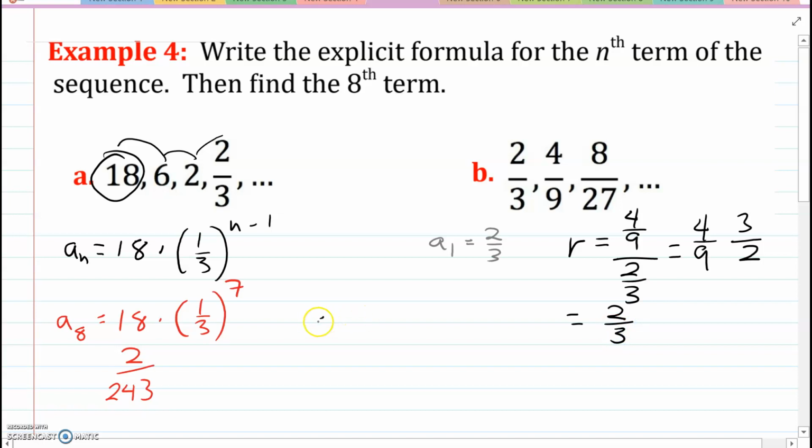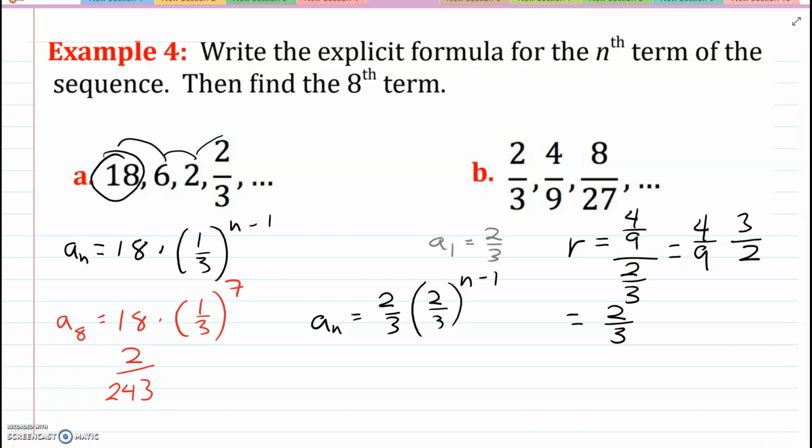So my explicit formula for the a sub n term is going to be 2/3 times 2/3 to the n minus 1 power. And then finally, we just pop this into the calculator, a sub 8, and for the sake of time, I'm just going to write down the answer for you.